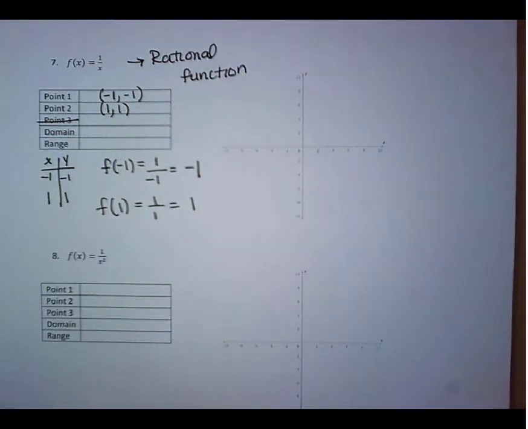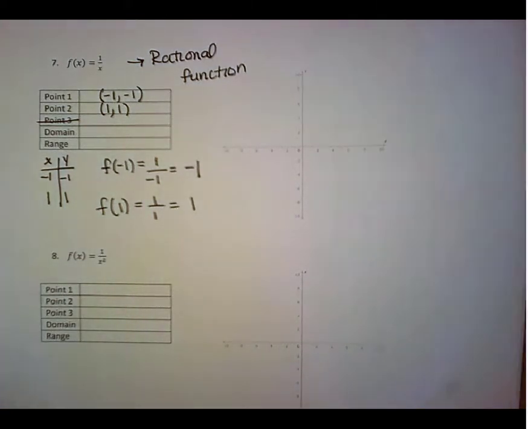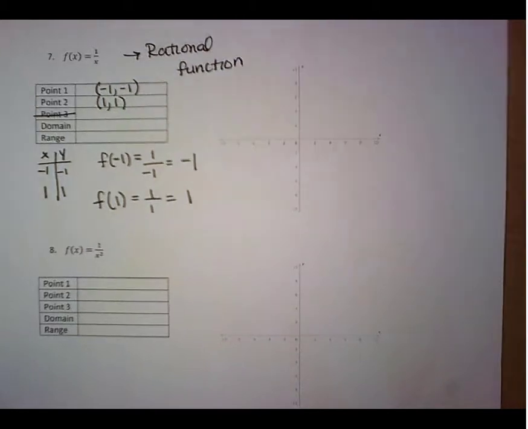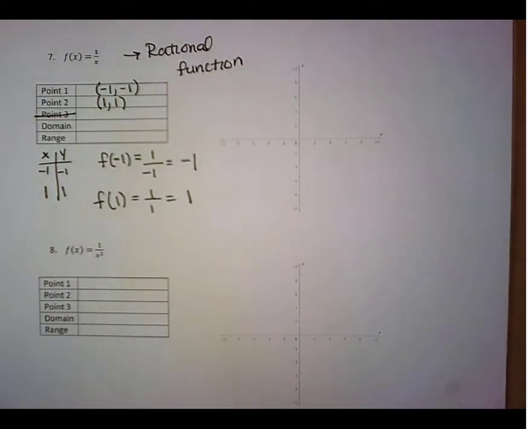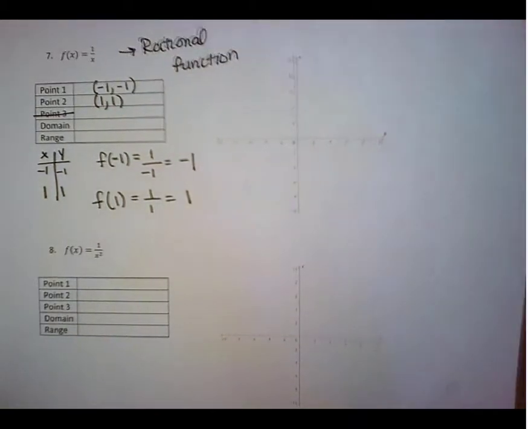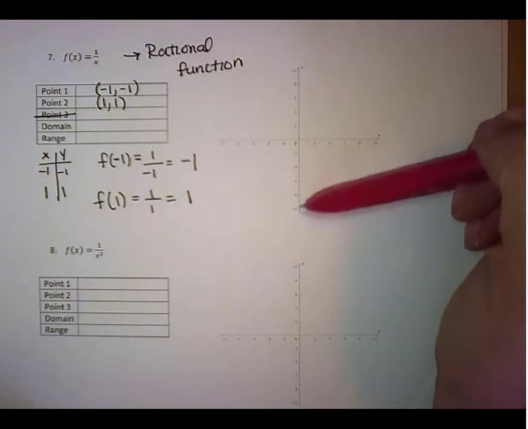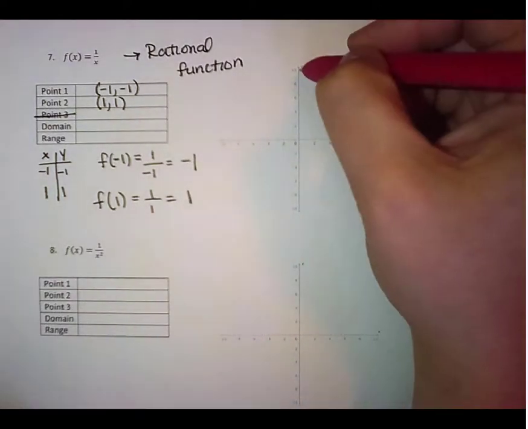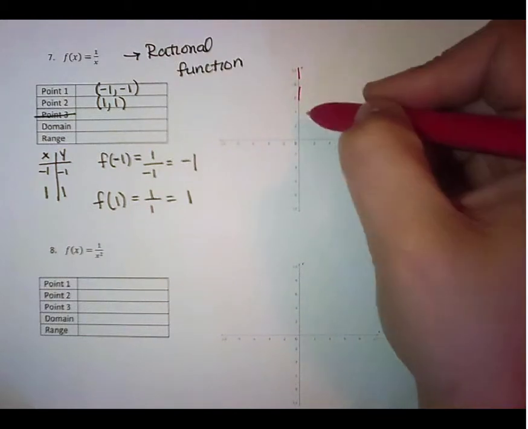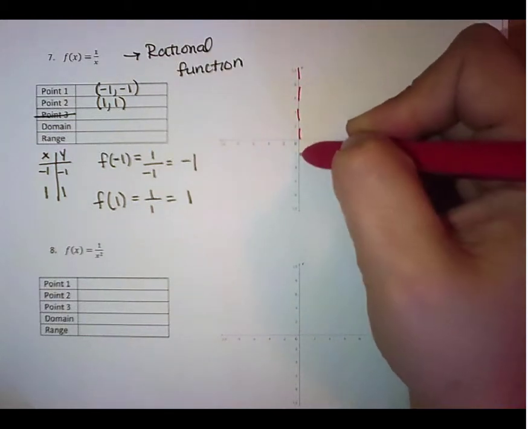Now this one is a little bit different. You heard me tell you that x could not be 0 because that would create a problem for our denominator. So what we end up having to do is, at x equal to 0, which is actually our y-axis, we are going to create a dashed line, or what we call an asymptote.